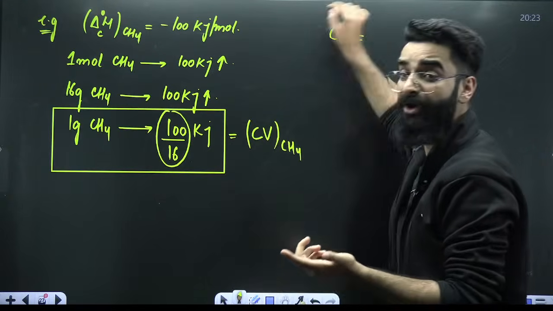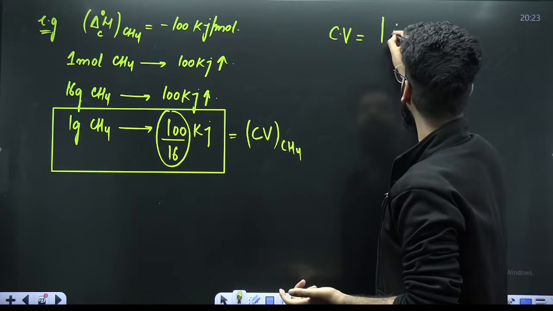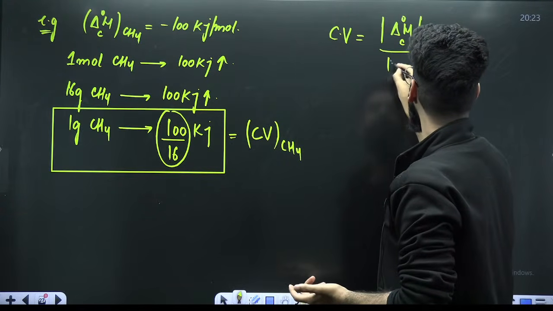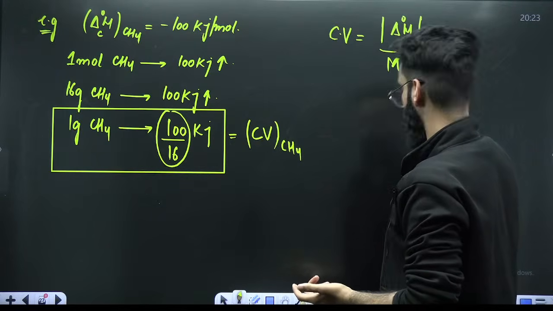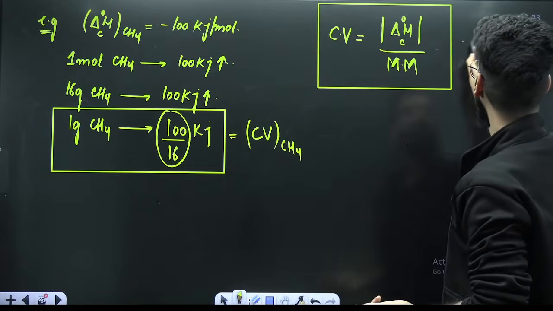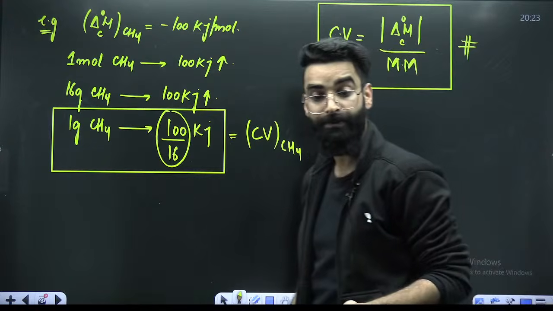So the formula of calorific value will be the modulus of standard enthalpy of combustion of a fuel divided by the molar mass of the fuel. This is the general expression by means of which you can calculate the calorific value of the fuel.